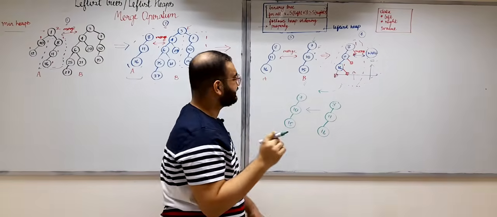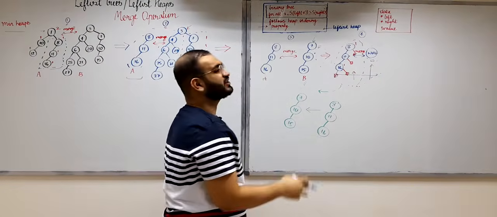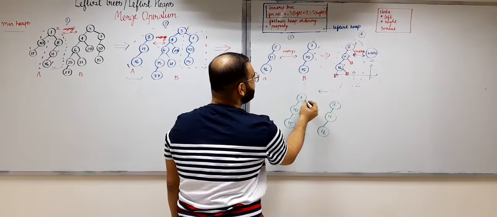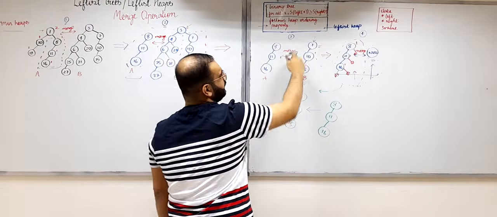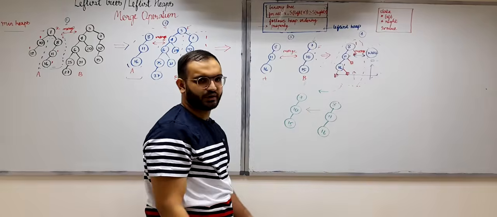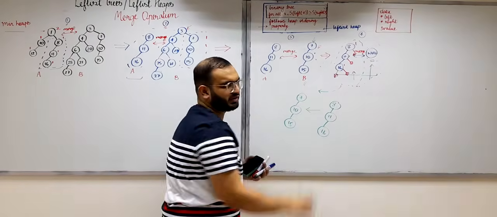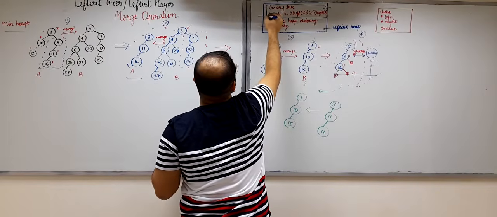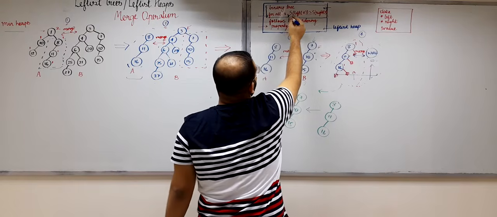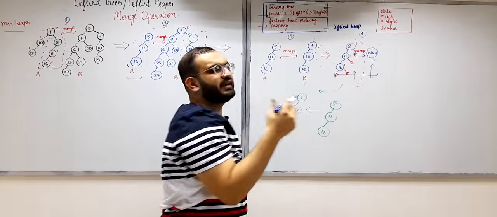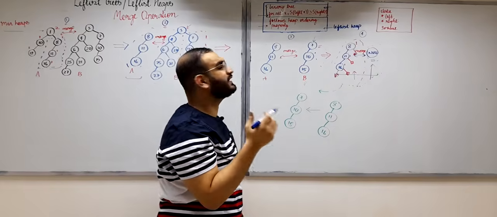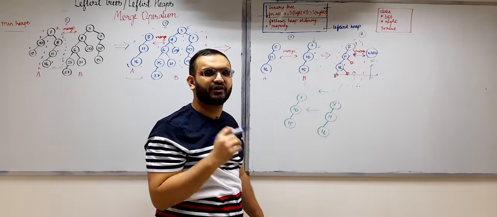Now pay attention. We cannot just directly attach it as the right child of this leftist heap in the previous call. In order to attach it, we have to follow the property of a leftist heap that for all nodes, the S value of the left child of that node is greater than or equal to the S value of the right child of that node.